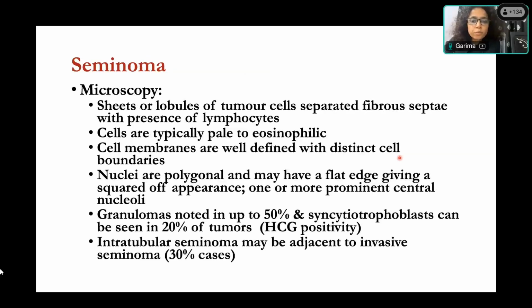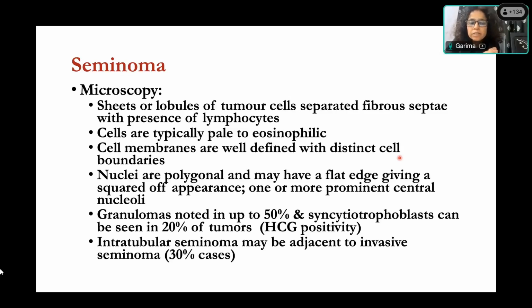Okay, so microscopy, as we've already seen, sheets or lobules of tumor cells separated by fibrous septae with presence of lymphocytes. Cells are typically pale to eosinophilic. Cell membranes are well defined with distinct cell boundaries, and the nuclei are polygonal, may have flat edges, giving a squared-off box-like appearance, with one or more prominent central nucleoli.